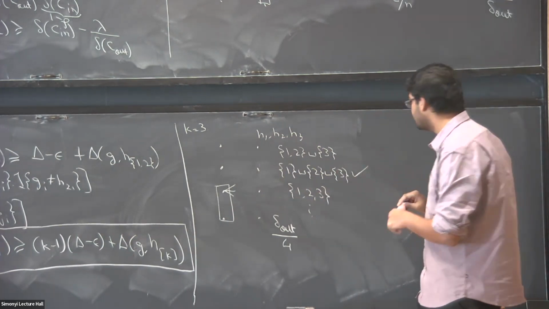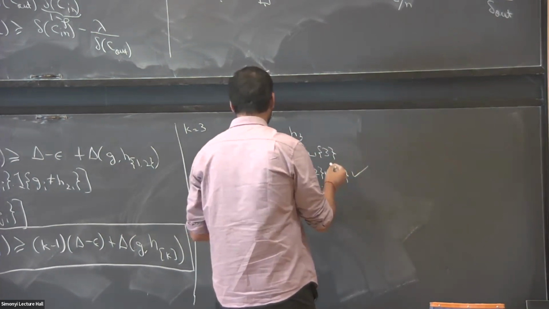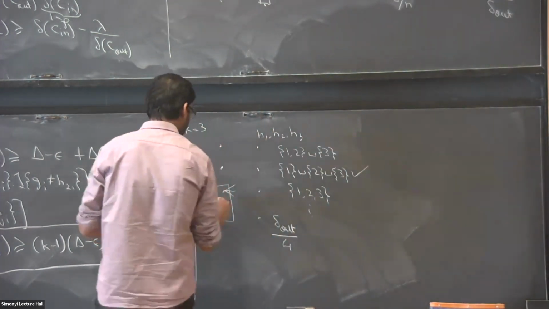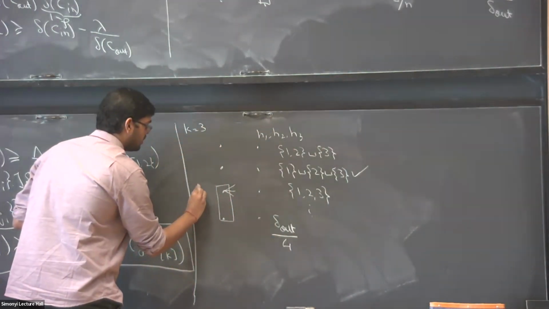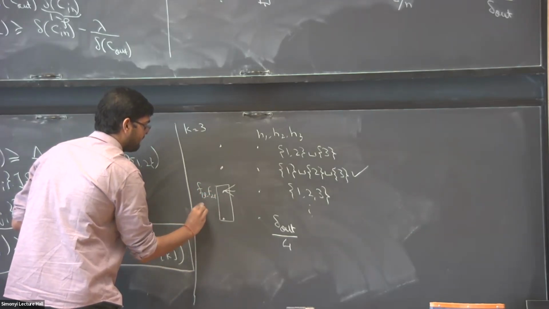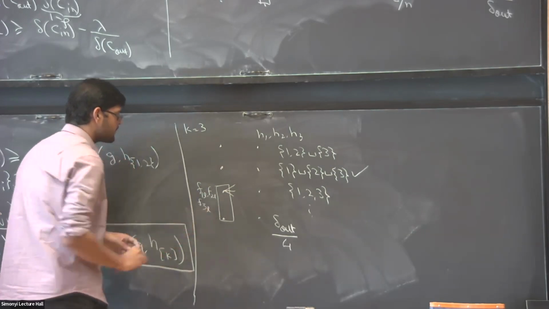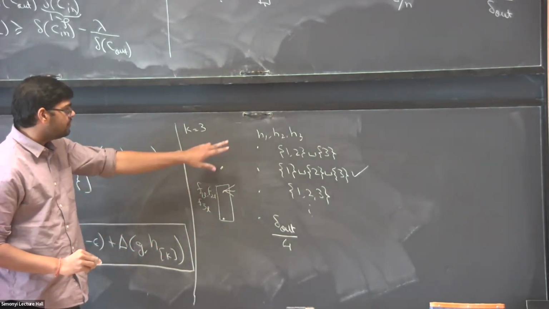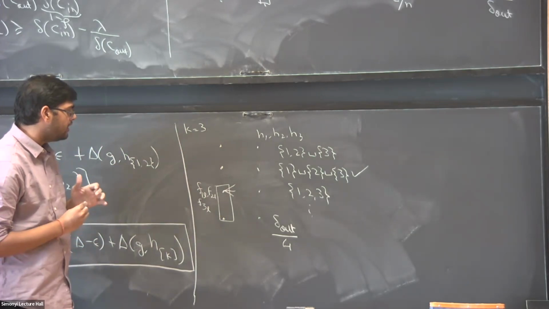Let me argue why. Let's call the local projections of H1, H2, H3 as F1L, F2L, F3L.